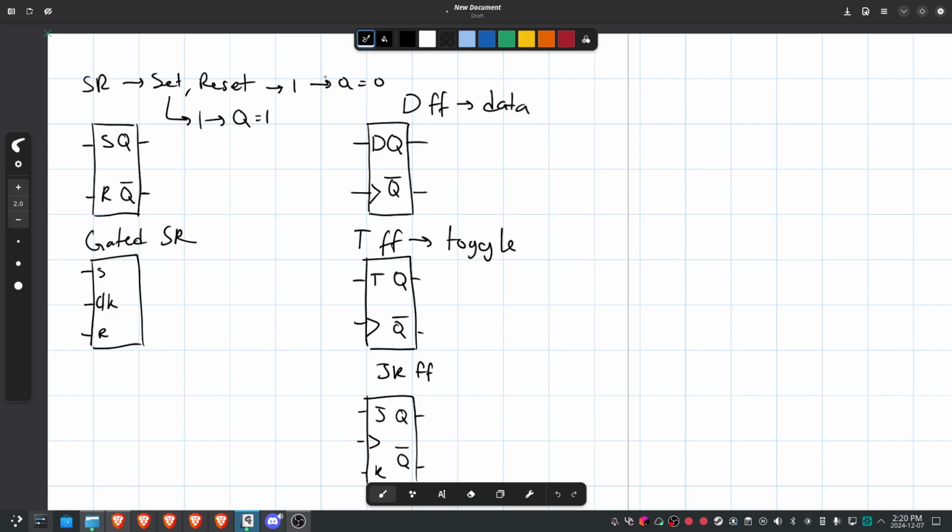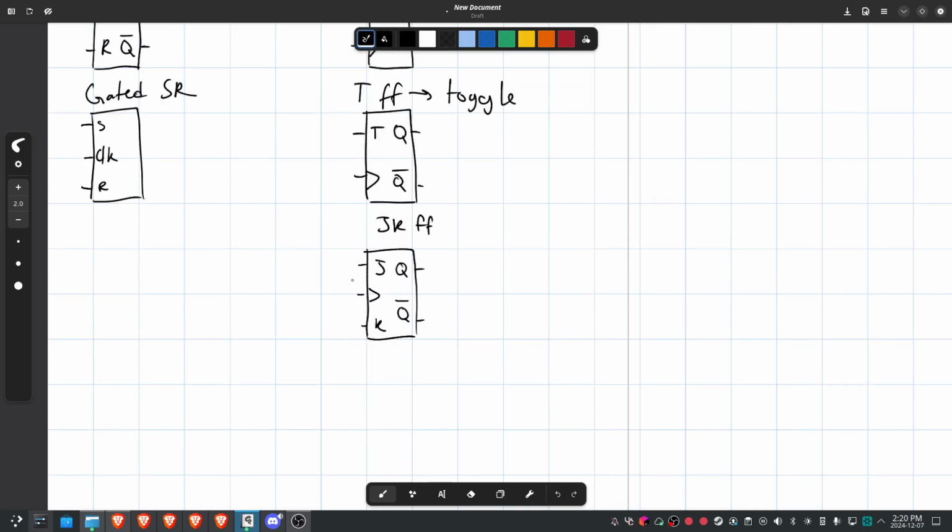However, you might notice here we have if reset is 1, Q will be 0, and if set is 1, Q will be 1. However, what happens when both of them are 1? In an SR latch, this is considered undefined. Basically, if both of them are on, you are doing something wrong.